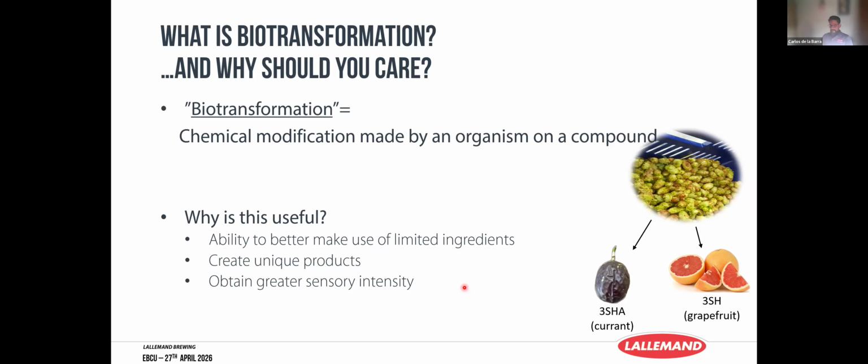The wider industry, be it the pharma industry, making antibiotics and other drugs that we use on a daily basis, or cleaning agents, you name it, they'll all be making use of this ability of microorganisms to biotransform chemical molecules, sometimes to create a new product, sometimes to give them more intensity, sometimes to change the way these compounds act and the way they are active.